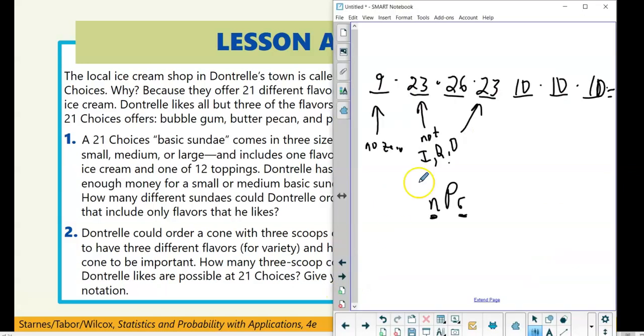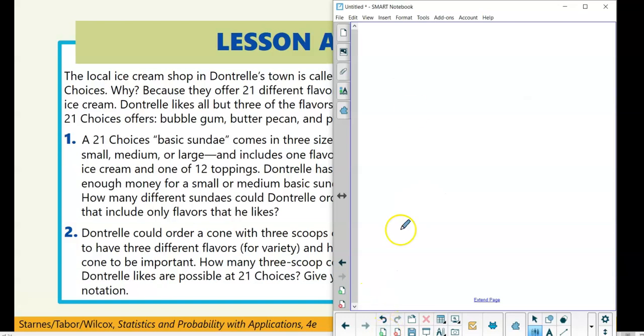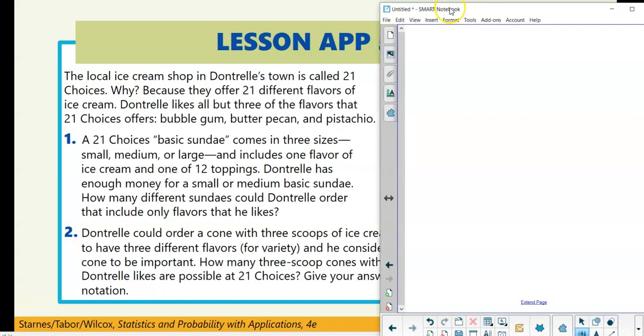Wow. The qualifications for that one here. Okay, so let's look at the small first. It comes in 3 sizes. Then 1 flavor of ice cream and 12 toppings.